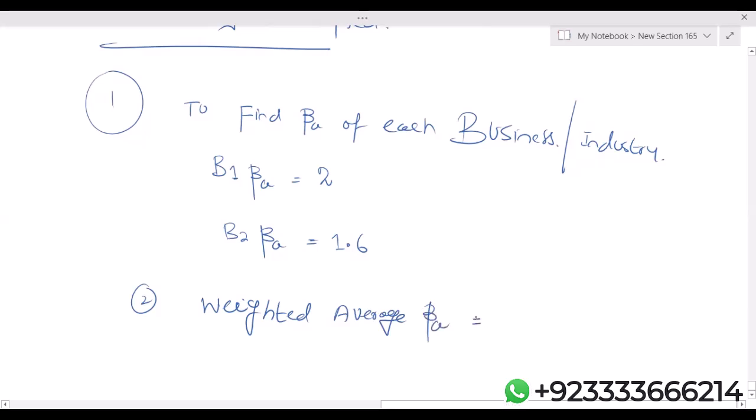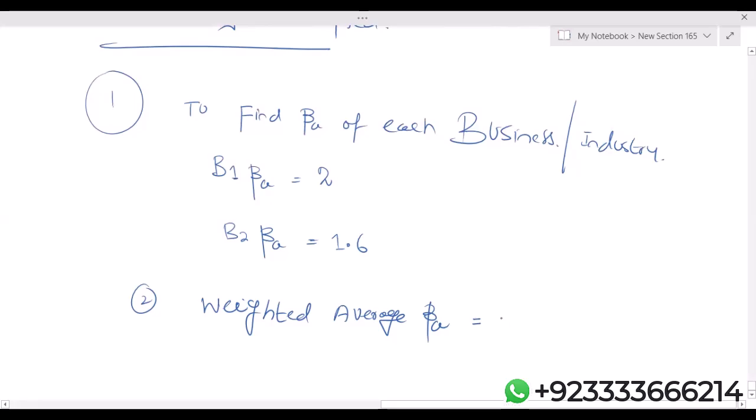Can anyone give us alternative names for the weighted average beta asset? Actually, there are two alternative names available for weighted average beta asset. One is very old, but another one is not old. So is there anyone who can give us alternative names? I'm waiting. Let's see who will give us the answer.